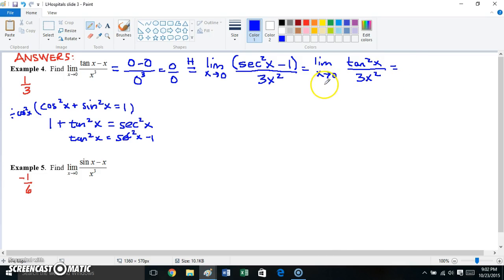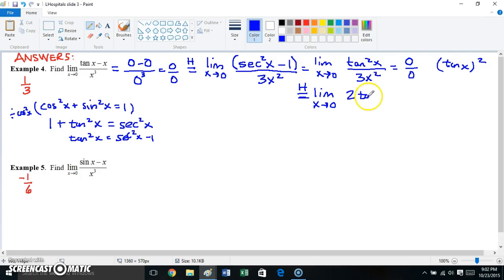All right, we're going to evaluate the limit again. The tangent of 0 is 0. Evaluating 3x squared at 0 is also 0. Okay, so this means we're going to do L'Hopital's rule one more time, or as many times as we need, but maybe one more time will be it. So the derivative of tangent squared x, remember that's tangent of x quantity squared, so we have to do the chain rule.